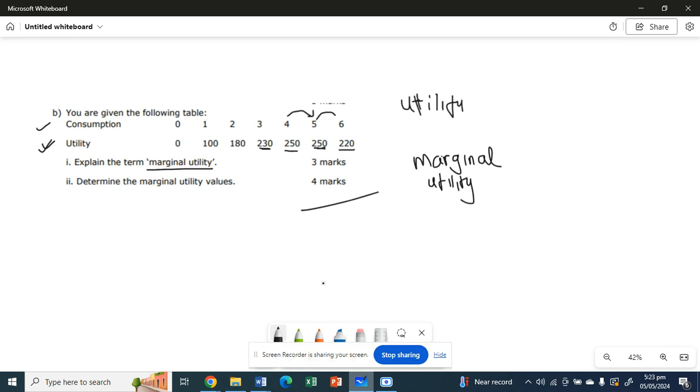So we're going to make a table and then tabulate our marginal utilities. In order to get your marginal utility, this is the formula that we're going to use. Marginal utility equals change in utility over change in consumption.